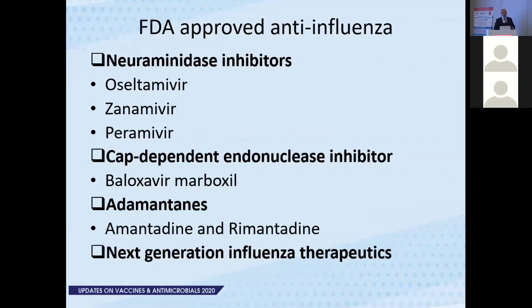They are not recommended for treatment of influenza because of the high level of resistance, approaching 100%, 99% resistance for these two antivirals. Then I will be talking about the most significant next generation influenza therapeutics.